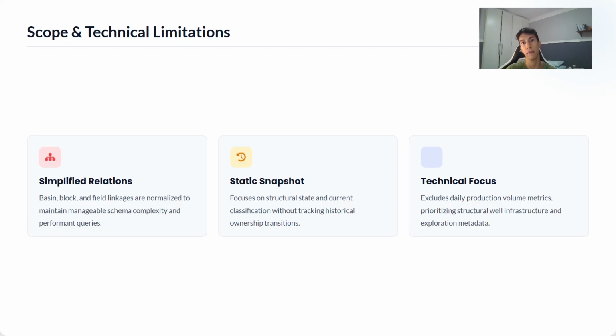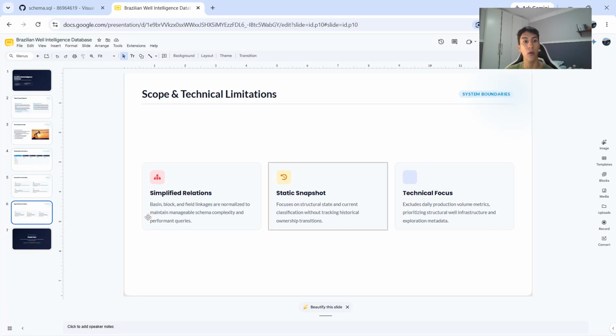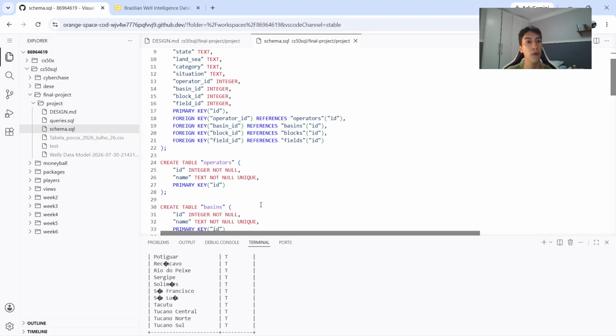So that's basically the scope I've decided to use in this project. We're limited there, and we also didn't look at production levels and none of that. So that's another limitation. All right, let's dive into the code now.